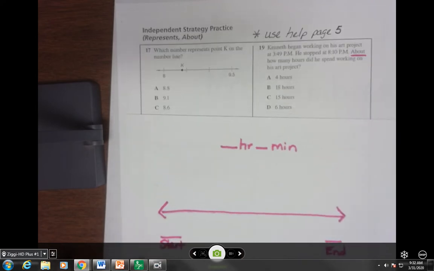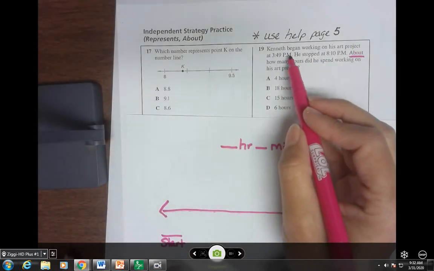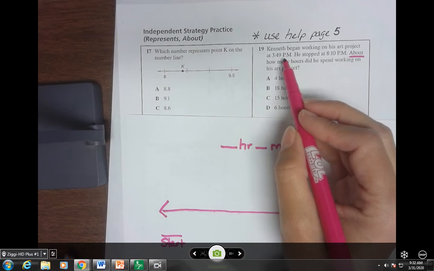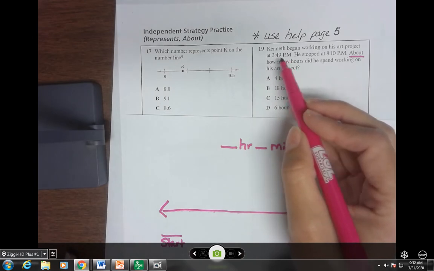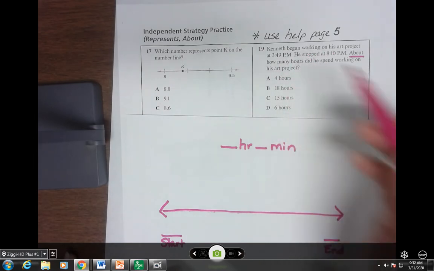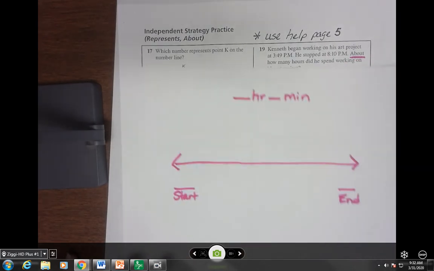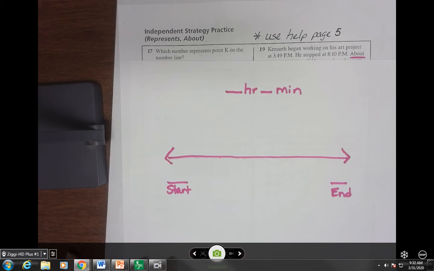Okay, so our problem says Kenneth begins working on his art project at 3:49 p.m. Now, the first thing we have to decide is, is this a start and end or an elapsed time? I think that would be a start time, because he begins his work. But we have to remember it said about right there, so we need to round that to the nearest hour.